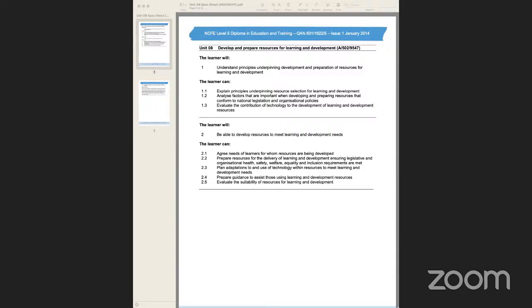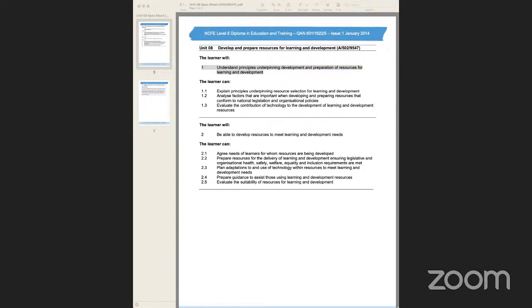And in the context of this learning outcome, we have three assessment criteria. One includes explaining principles of how we would look at underpinning resources and selection for resources. The second assessment criteria is related to analyzing the factors that are important when developing resources, predominantly for the purposes of teaching and learning.